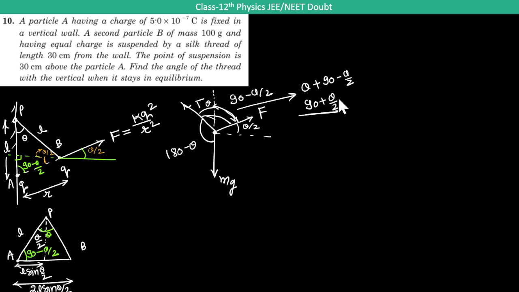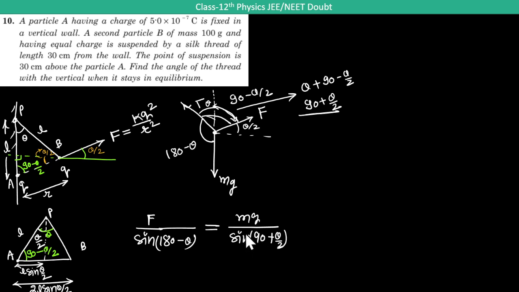Now we can use Lami's theorem here. To use Lami's theorem, we have to use the opposite angles. So F divided by sine of the opposite angle, that is sine of 180 minus theta, is equal to mg divided by the opposite angle, that is sine of 90 plus theta by 2.